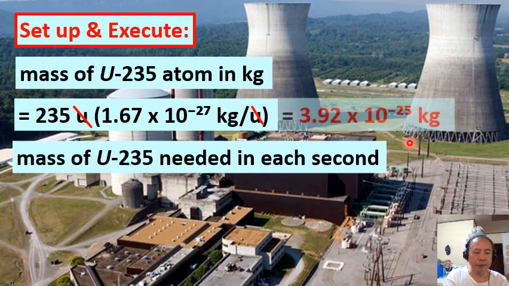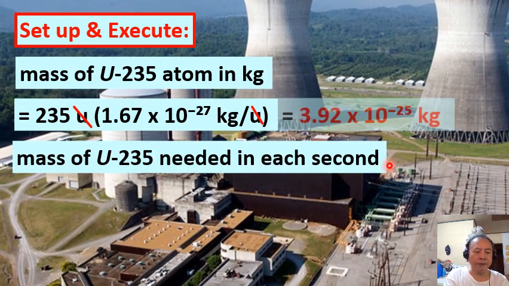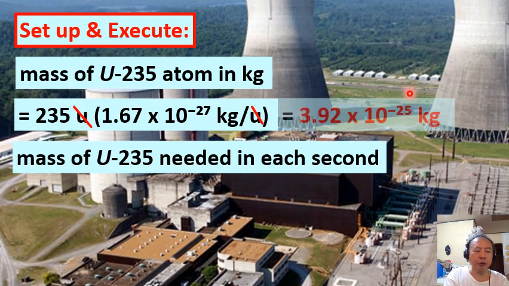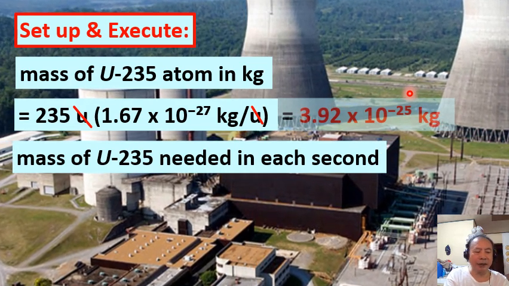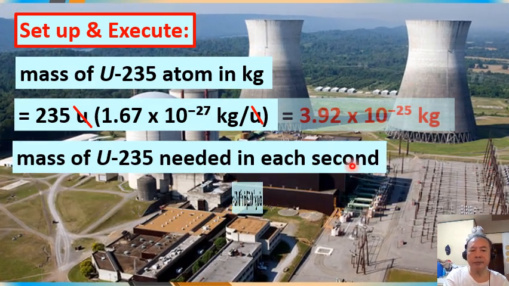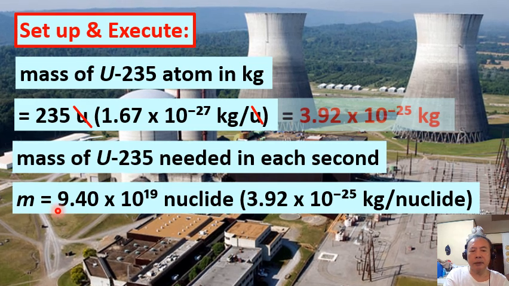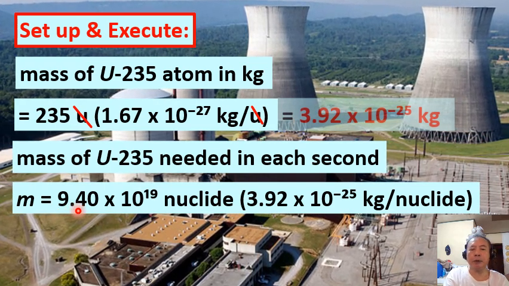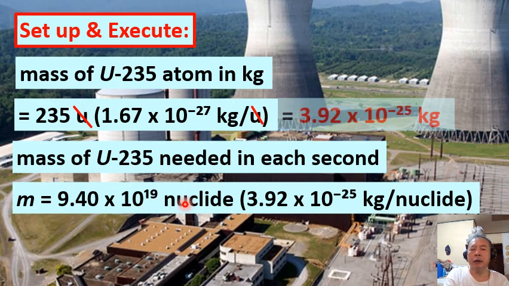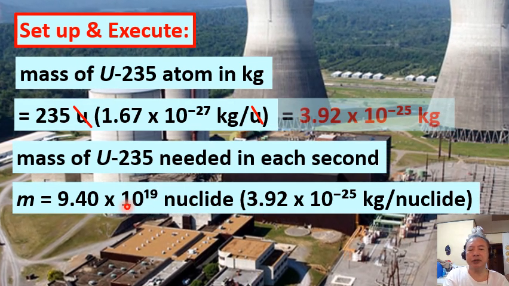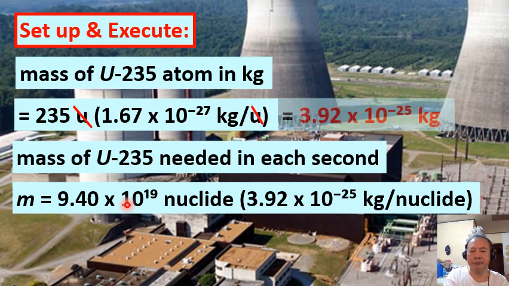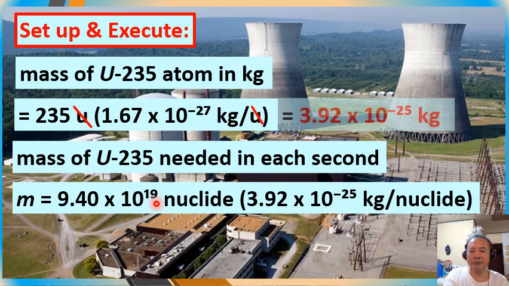After which, we can now find the mass in kilogram of the uranium-235 in each second. That is, M is equal to 9.40 times 10 to the 19th power. This is the number of fissions that is required in 1 second.